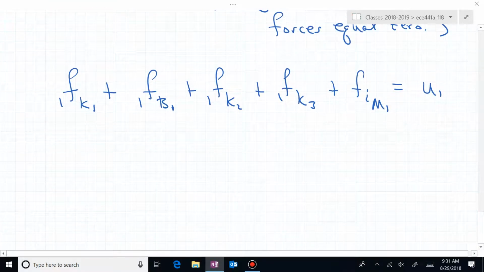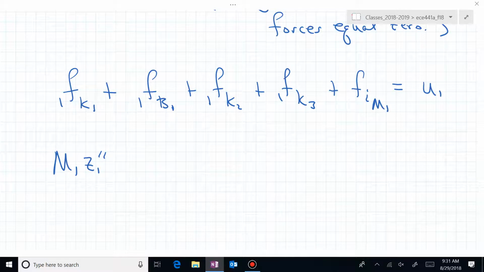To write down the underlying dynamic equation now, consistent with the way we've labeled the positions, let me shuffle these a little bit. Let me write F sub I sub M sub 1 first so that I have my higher derivatives to the left side of my equation. I now have M sub 1, Z sub 1 double prime. And these are arguments of time. I'm going to not include those for space purposes. We then have plus B1 Z1 prime.